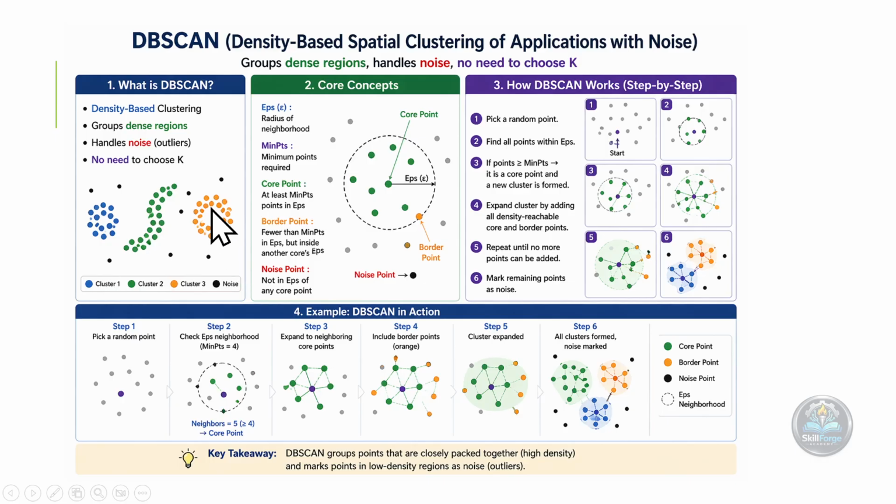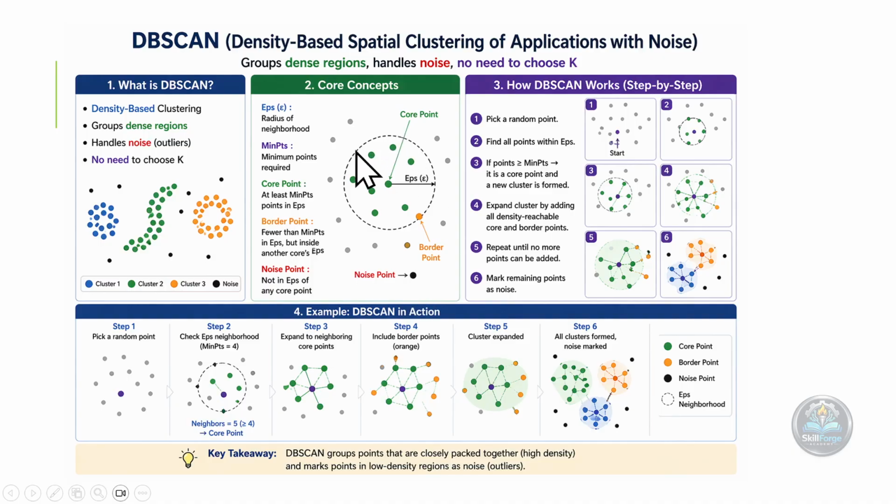Points that are far away from the cluster are marked as noise or outliers. Unlike K-means, we do not need to choose the number of clusters. Then the circle represents the neighborhood. These are the noise points, away from the cluster.